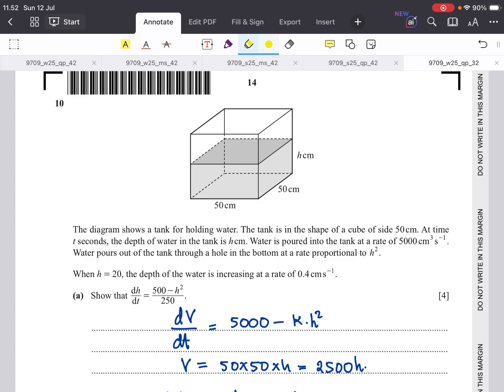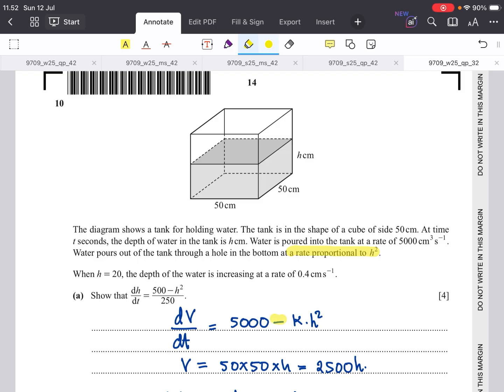So according to the question, the water is poured into the tank at a rate of 5,000 centimeter cube per second. So the volume increases by that amount, 5,000. But at the same time, since there is a hole in the bottom of the tank, the water goes out from the tank at a rate that is proportional to h square.